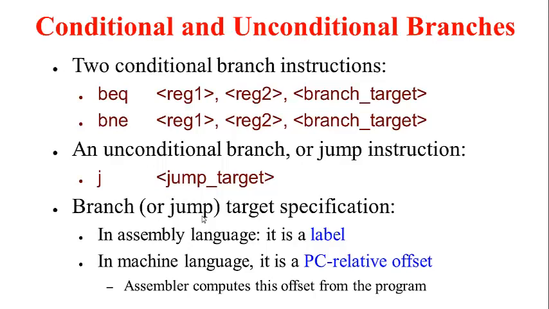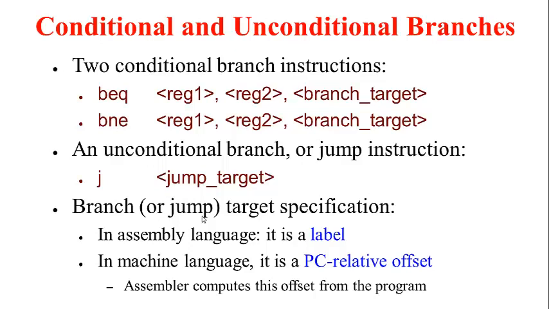In assembly language, the target specification is in terms of a label. A label is nothing but a human readable string, a name given to a particular line of assembly language code. Such a label is similar to the goto labels which are specified in some higher level languages. So how is this human readable label converted to machine language in zeros and ones?